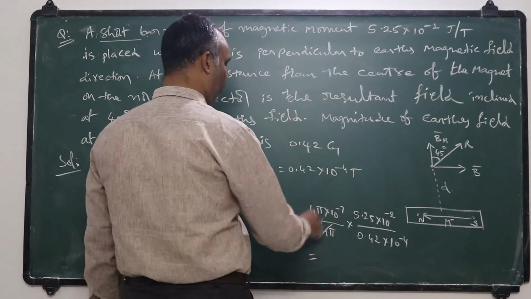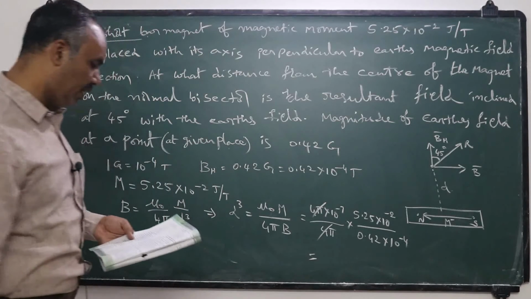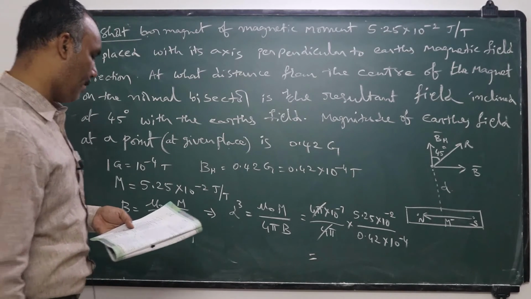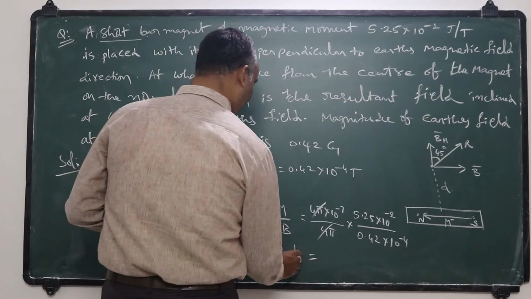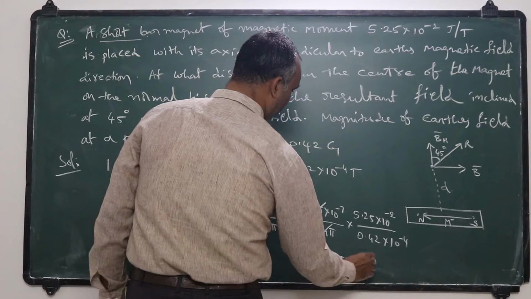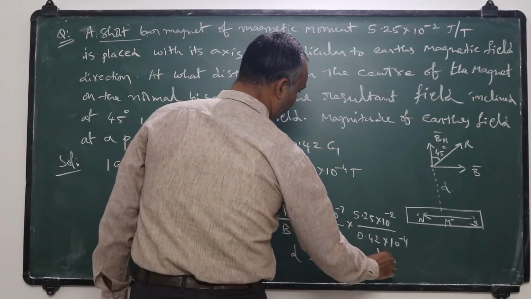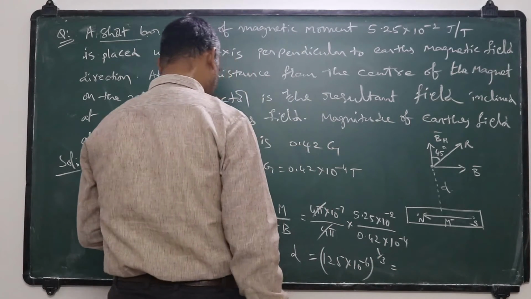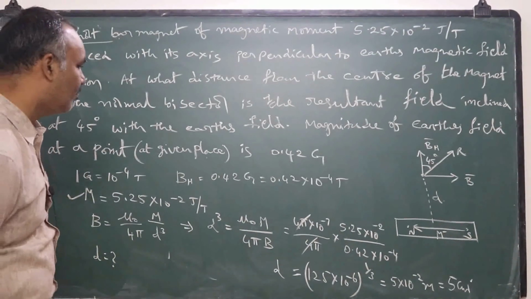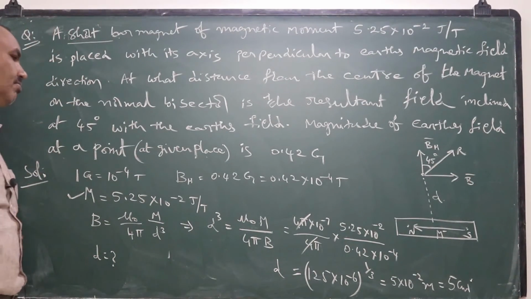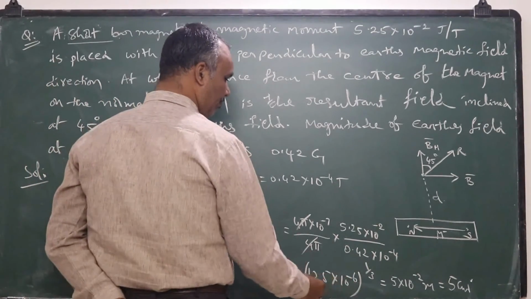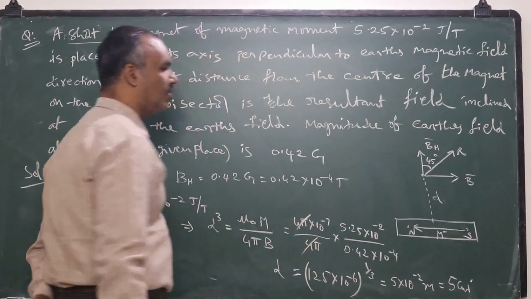If you simplify this, you will get d is equal to 125 into 10 power minus 6, whole power 1 by 3, that is 5 into... In this problem, we calculated d value as 5 centimeters.